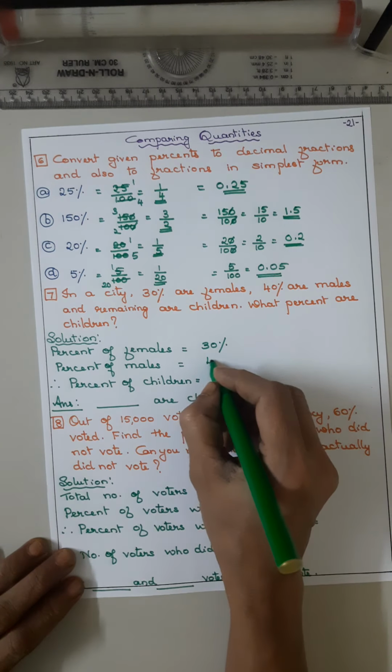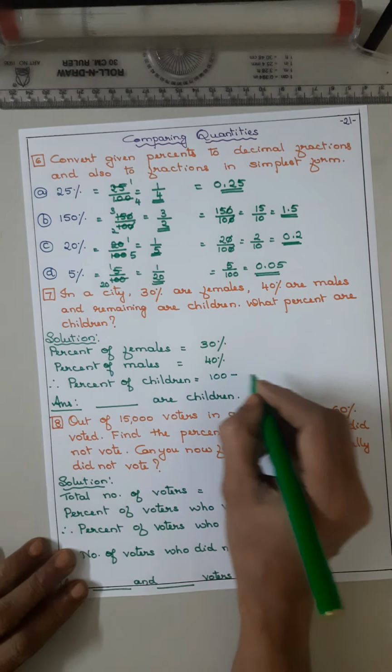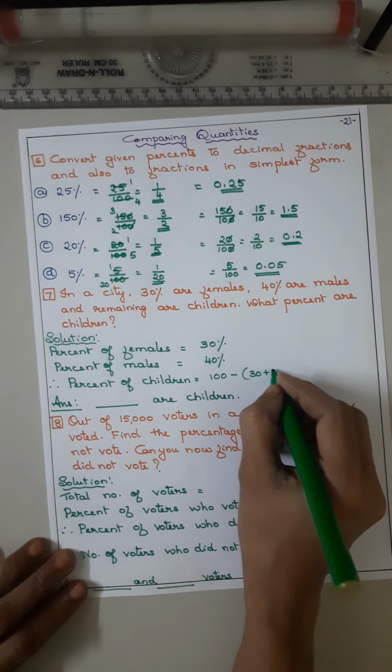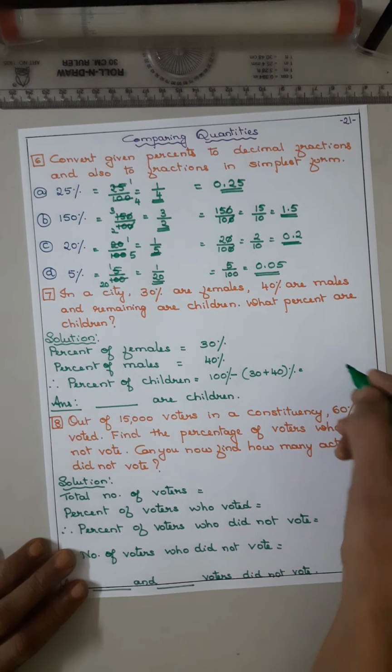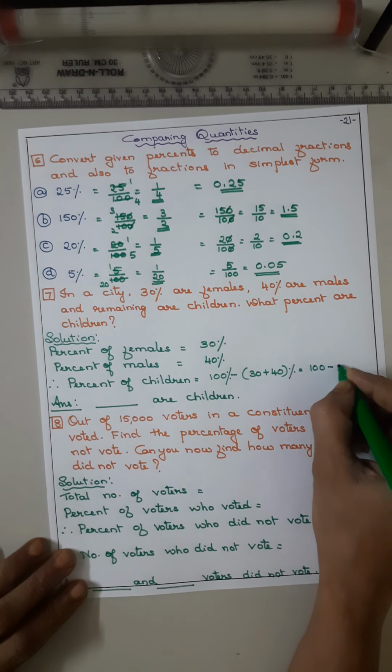So total it will be always what? 100. Yes or no? So total it is 100 minus 30 plus 40%. That is 100 minus 70. 100% minus 70%, how much will it be? It will be 30%. So how many are children? 30% of the population are children.